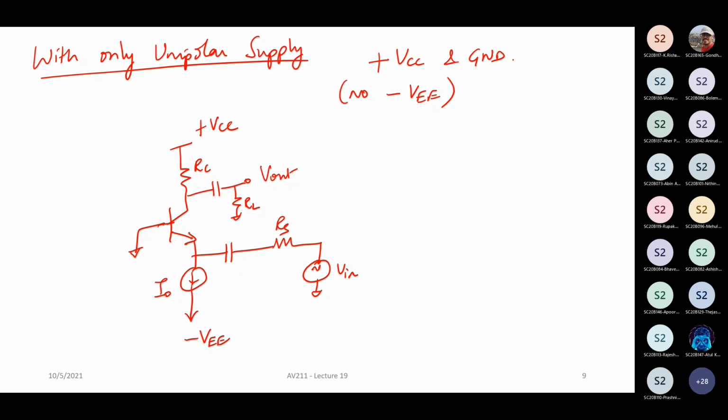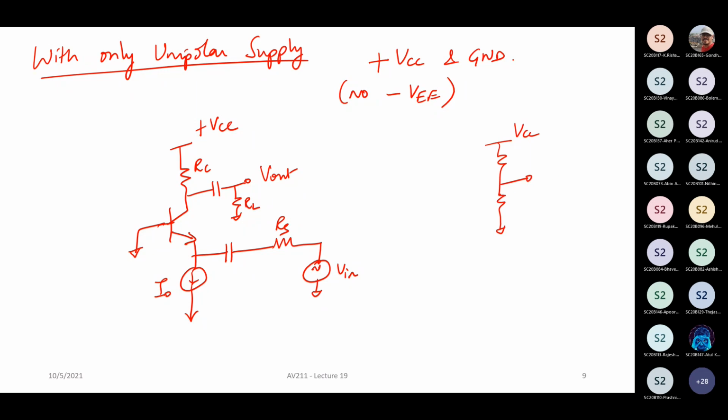It's actually a very simple solution. You can guess. Resistor bias for VEE, sir. No, I'm telling you that no. Even if you take a resistor bias, how will you do it? This is grounded, this is VCC.